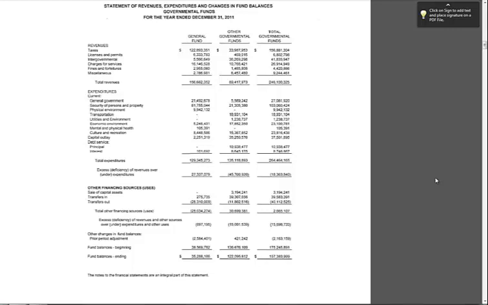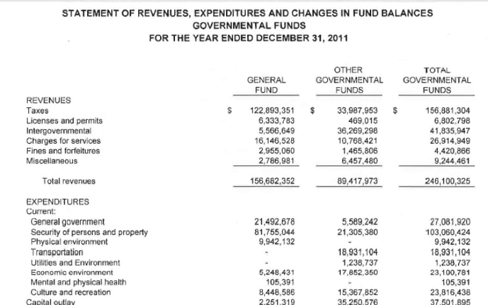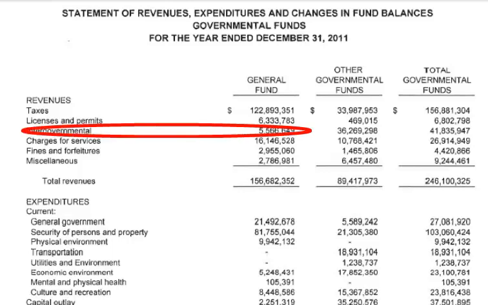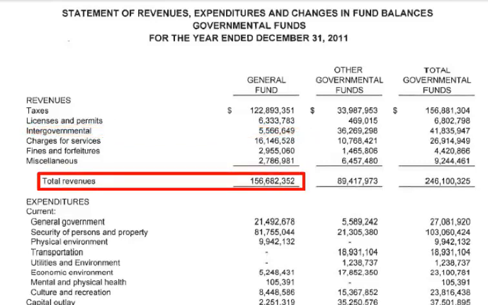And again, the numerator for the second ratio requires that you subtract intergovernmental revenues of the general fund from total general fund revenues.